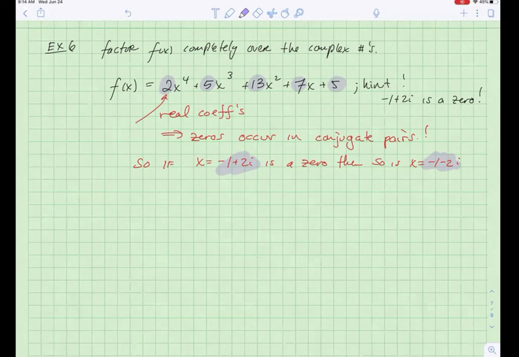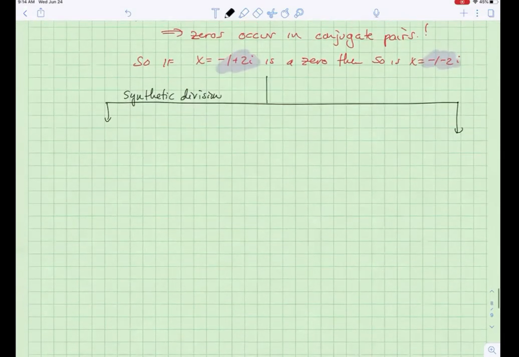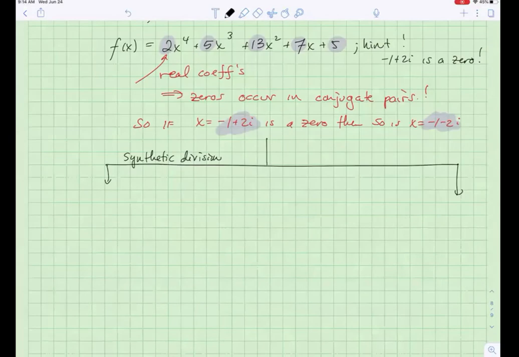So let me show you what I'm talking about. If we use synthetic division, then what we have is the following coefficients: 2, 5, 13, 7, 5.